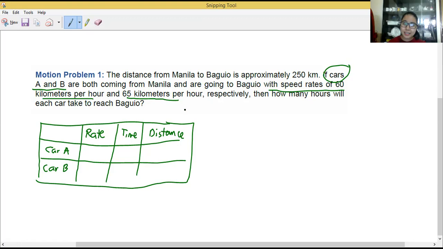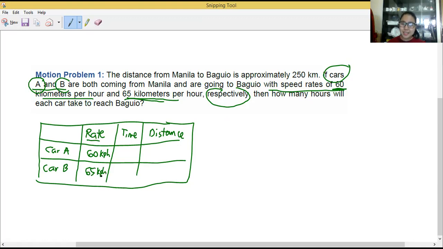If you say respectively, then the first one belongs to car A and the second one belongs to car B. So we say that the rate of car A is 60 kph, while the rate of car B is 65 kph.